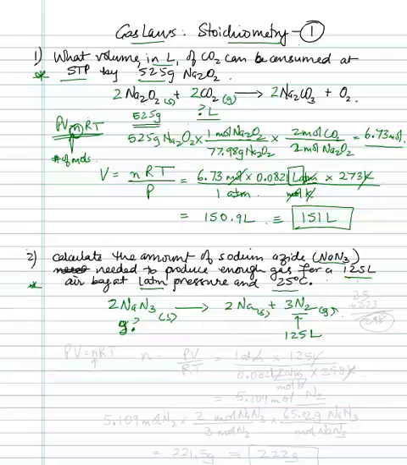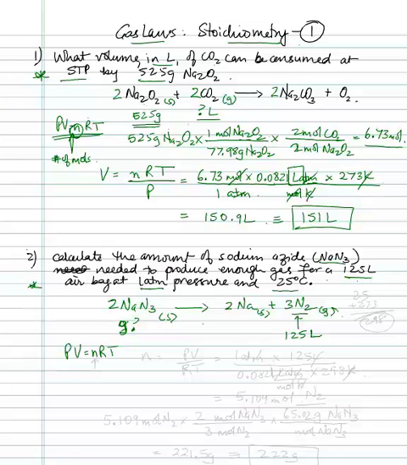And then of course we have the pressure and the temperature given to us. This is kind of the reverse of what we did in problem number 1. In problem 1, we started with stoichiometry first to get the moles, but now we need to use PV equals nRT, the ideal gas law, to get the number of moles. So it's just two opposite kinds of problems, or different approaches.